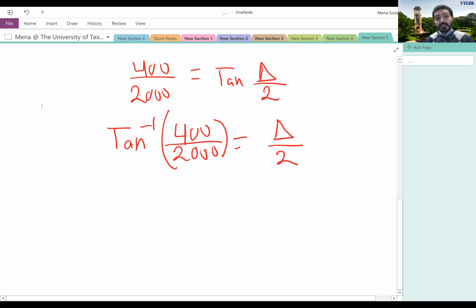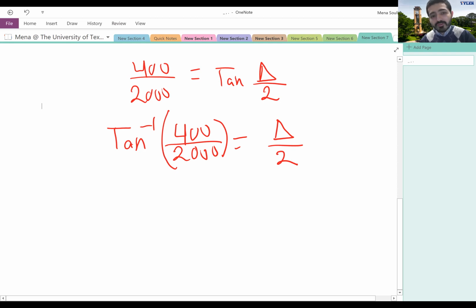Another thing, by the way, I need you to make sure that your calculators, there is a little D at the bottom of that calculator, are in degrees, not in radians. Please make sure that your calculator is using degrees, not radians. Otherwise, again, you're going to end up with weird numbers.